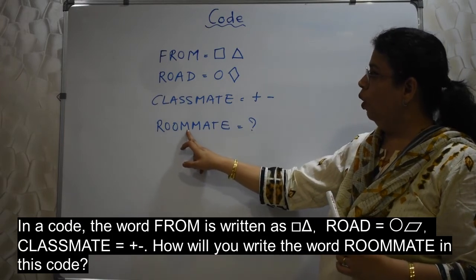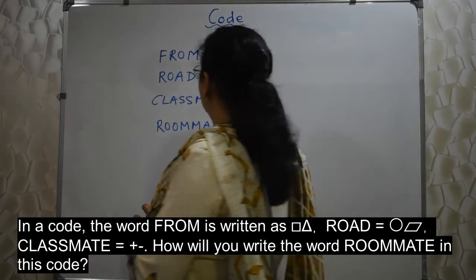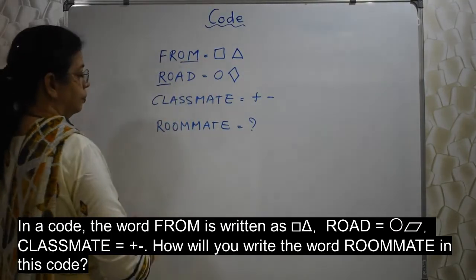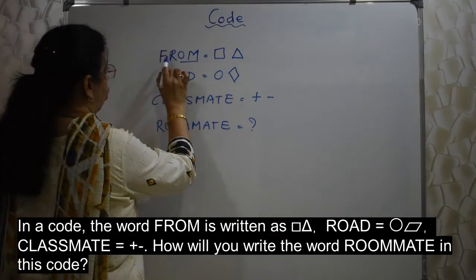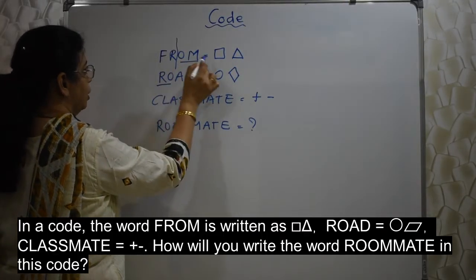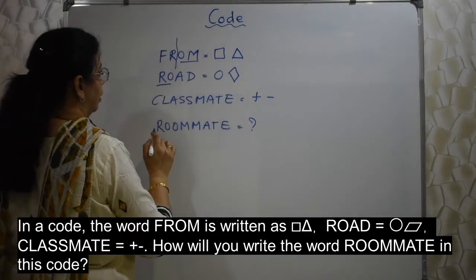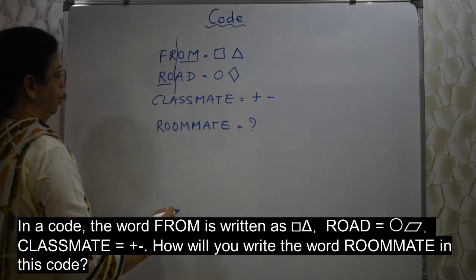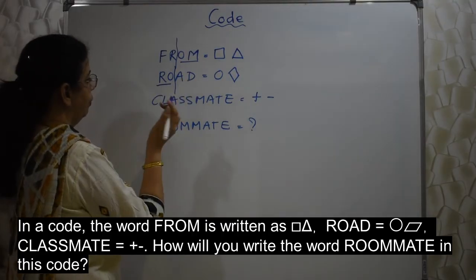RO and OM. RO is here, OM is here. So for 4 letters they have used this. So FR must be this and OM must be triangle. RO must be circle and AD must be diamond. So we are making use of whatever we want.